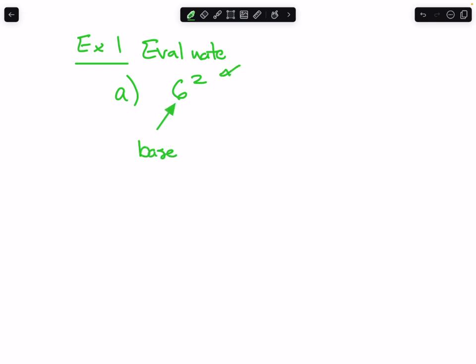The number 2 in superscript is called the exponent. 6 squared is the same as 6 times 6. That's what the exponent indicates, that we have 2 factors of 6. So that's equal to 36.